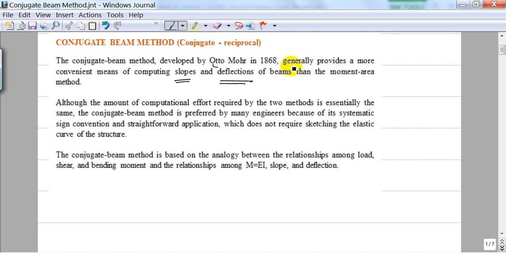It gives you an easy way to develop the slopes and deflections.